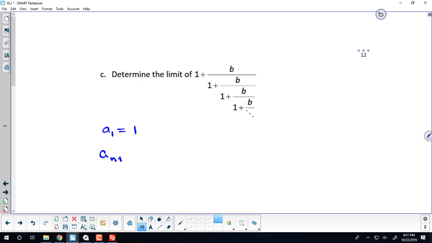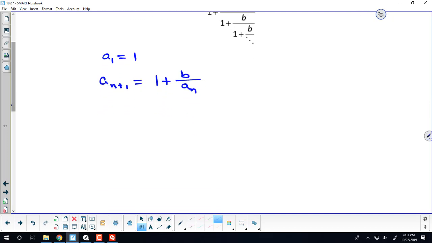And we see here, just like in that last problem though, the next term is defined as 1 plus b over the previous term. So if you're interested in working that out, you should come up with the limit as 1 plus the square root of 1 plus 4 times b all over 2.